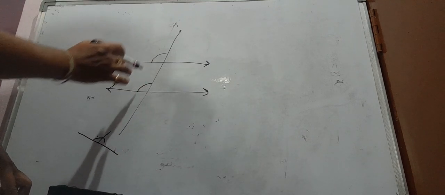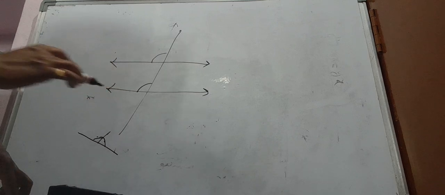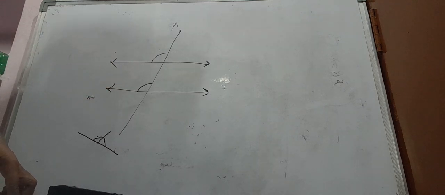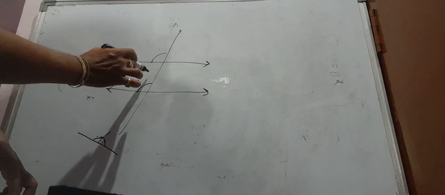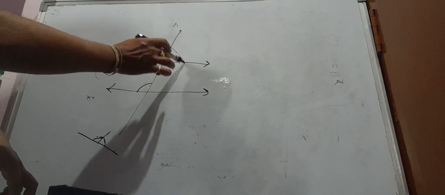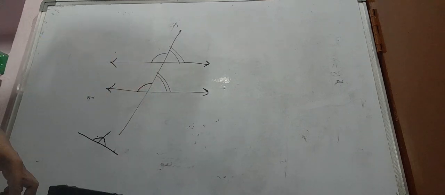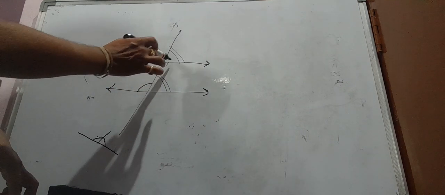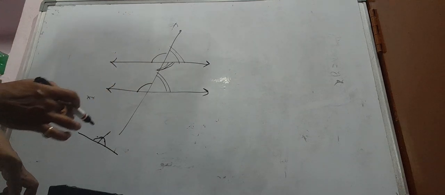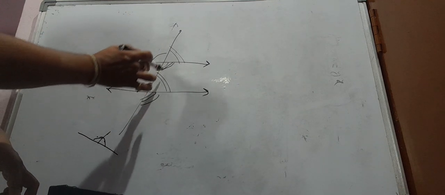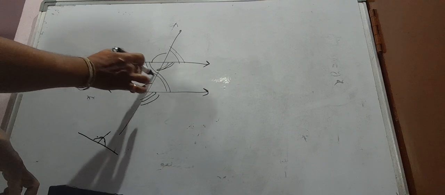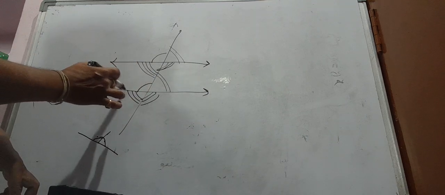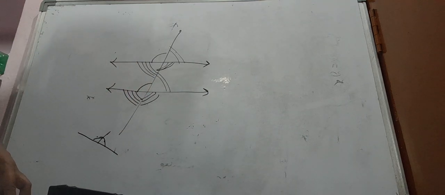One angle is exterior, one angle is interior, not adjacent, and on the same side of the transversal: these are called corresponding angles. We don't have only these two. See, I am marking with different lines. These two are also corresponding angles, and these two are also corresponding angles.